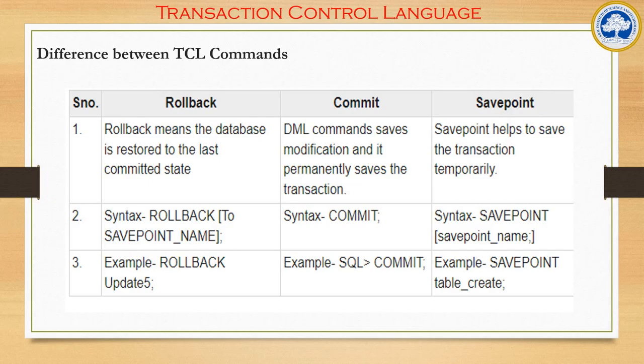Then commit, the syntax is just commit, which permanently saves the transaction. Similarly for savepoint, the syntax is savepoint and the savepoint name that you have to mention, for table creation or updation. These are all the main functionalities working under TCL and DCL.